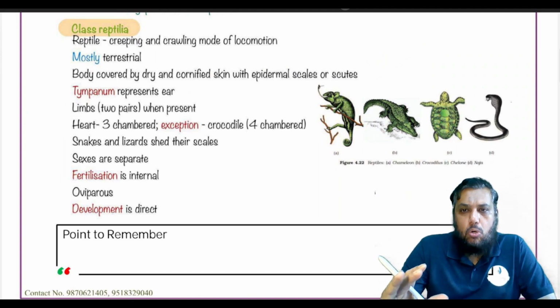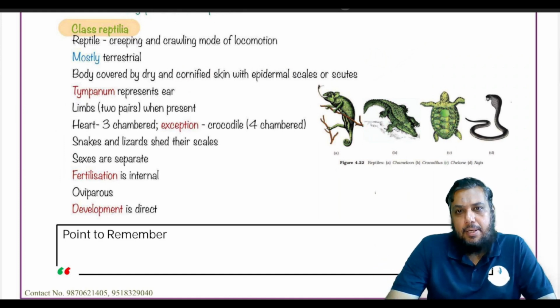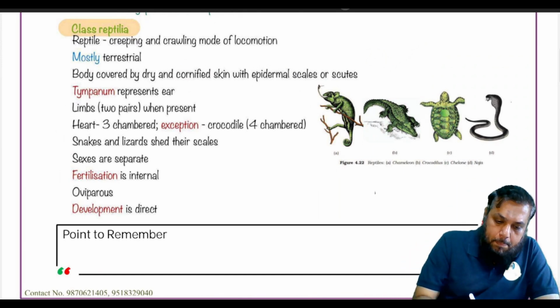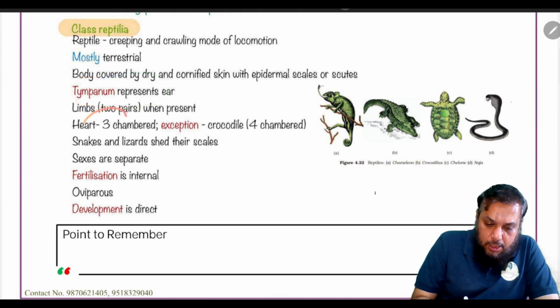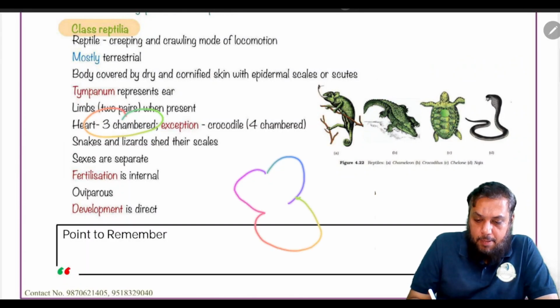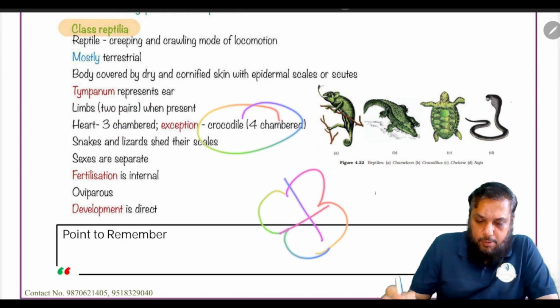Okay, most of them will have limbs, two pairs of limbs. Exceptions are like the snake, which is the limbless one. Their eardrum, which is called tympanum, represents their ear. Their heart is three chambered with two atria and one ventricle, except in the case of crocodiles, where the heart is four chambered.